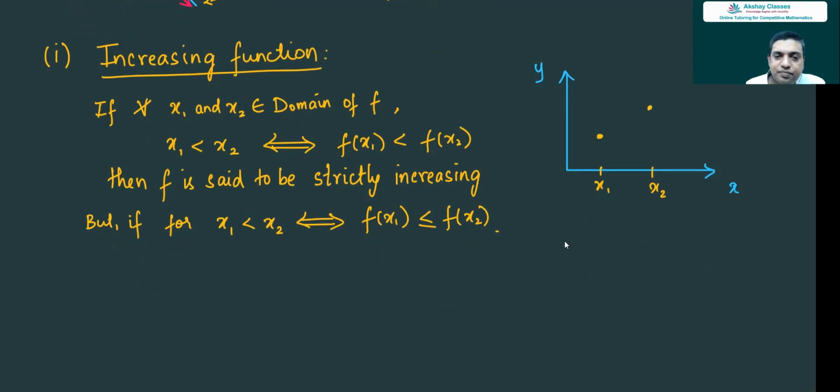For example, let's take this function. Okay, this is a function. On this region, there are function values at 2 points which are equal.